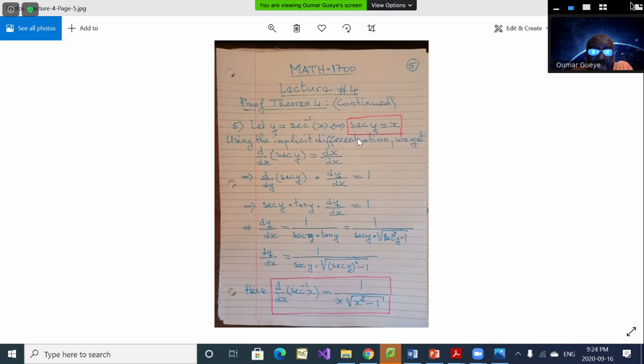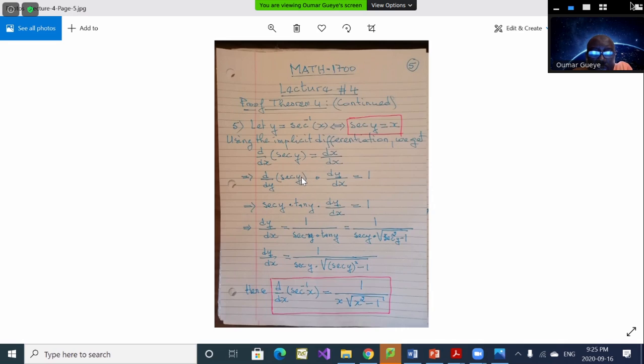Using implicit differentiation, I'm going to differentiate the highlighted equality. You differentiate on both sides with respect to x, and you get the derivative of secant y with respect to x equal to the derivative of x with respect to itself.